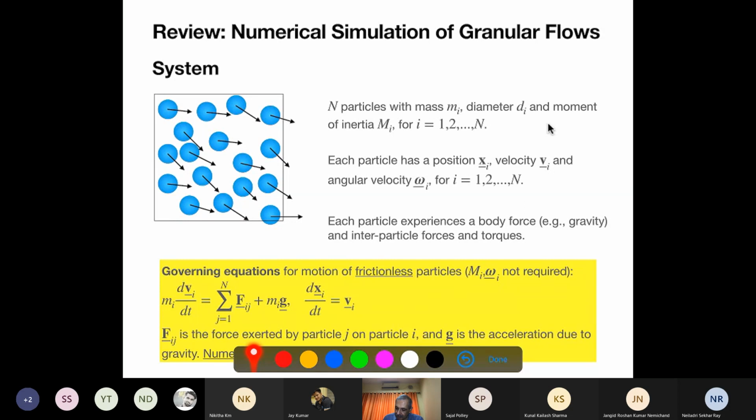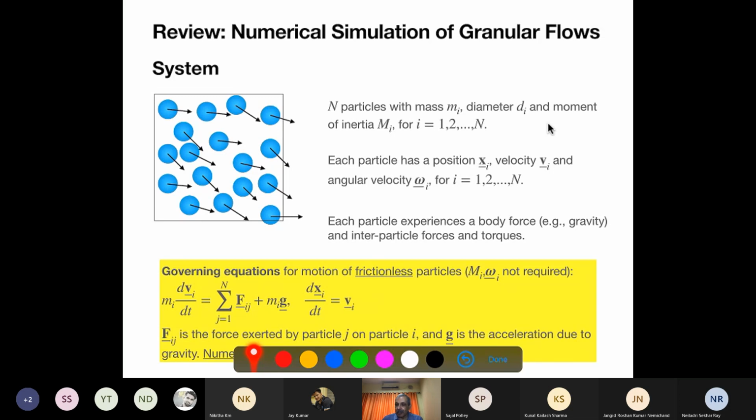Here Fij is the force exerted by particle j on particle i, and g is acceleration due to gravity. There may be more than one particle j exerting a force on particle i, so that's why you have a summation. And this j is from 1 to n, but most of these forces will be zero. Only a few of the particles will exert force on it.